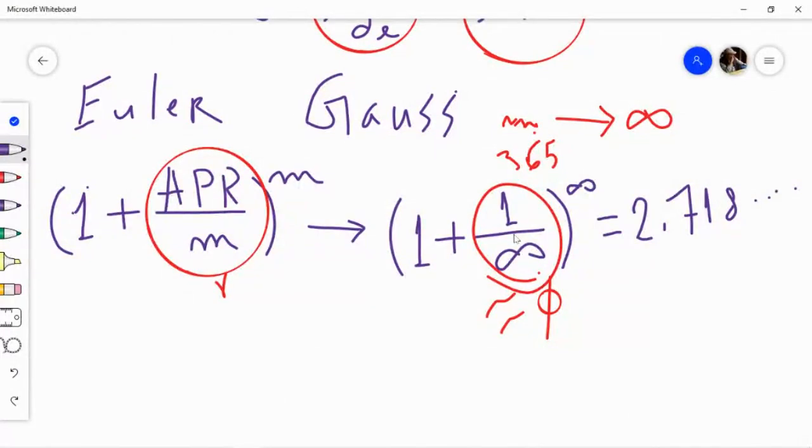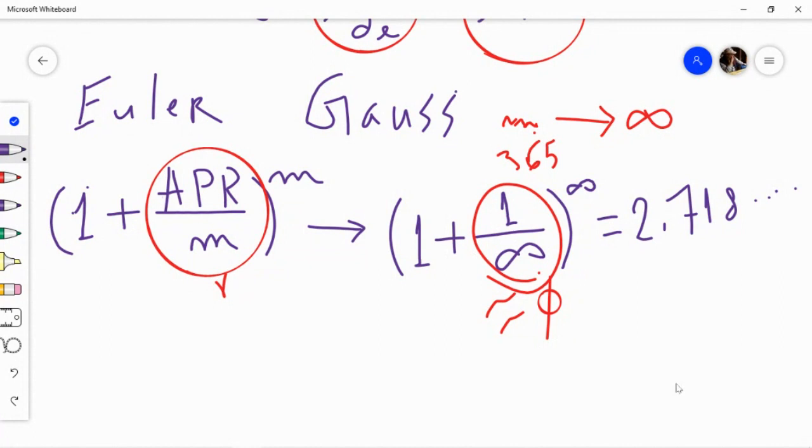Think about it. If APR is 1, what does that mean? If APR is 1, that's 100%. Later, we can replace this 1 with any actual APR, but if APR is 1, that means 100%. That means doubling, right? If your APR is 100%, then your money will double every year, right?